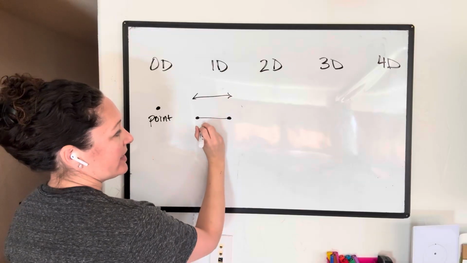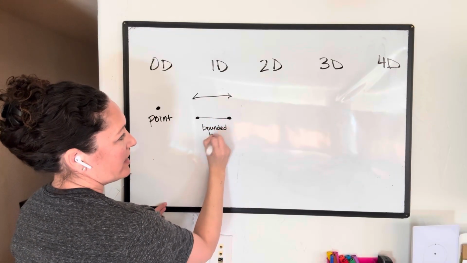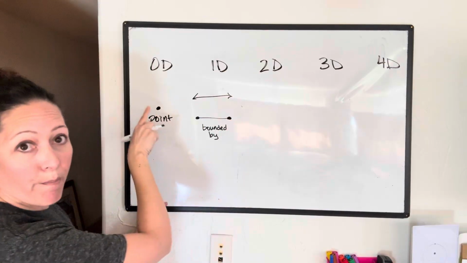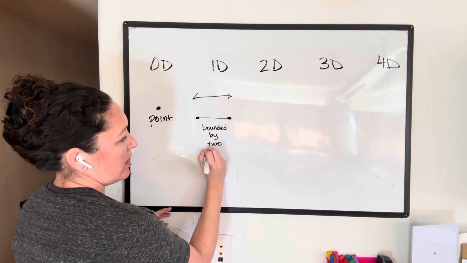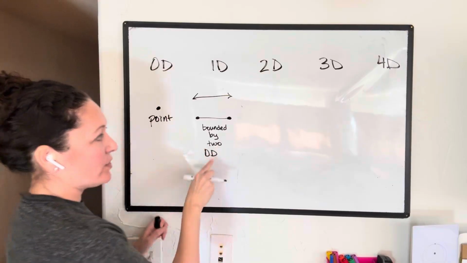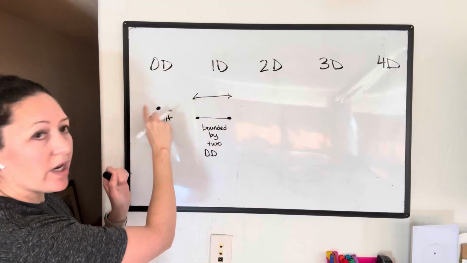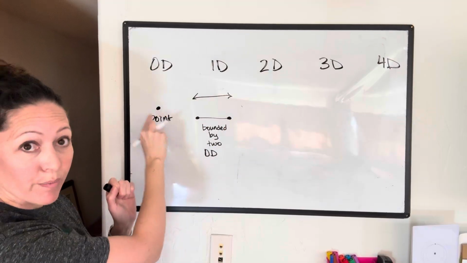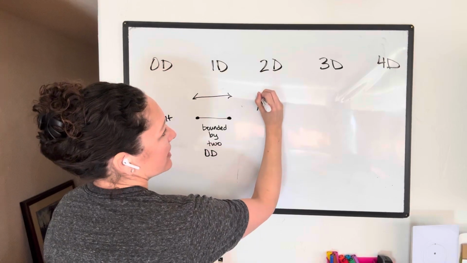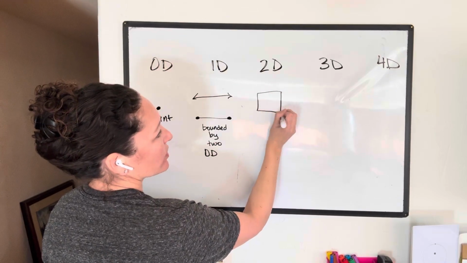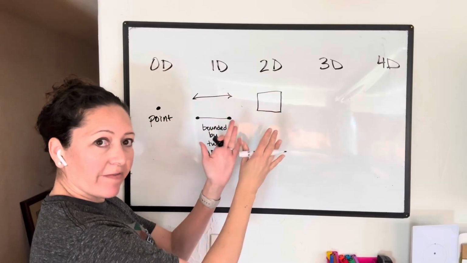So now I have it, and it is bounded by 2 zero-dimension components, the points of a 0 dimension. If I move up into 2D, let's get our square back, because we were talking about a square. The square is on my flat plane.